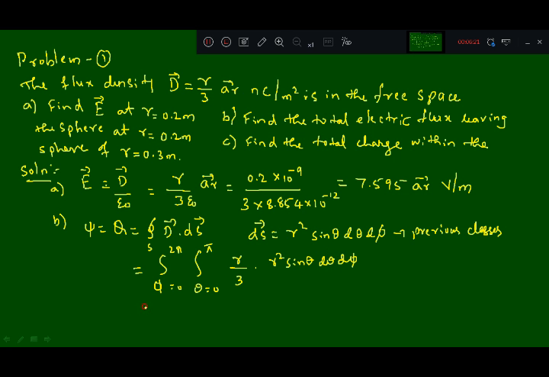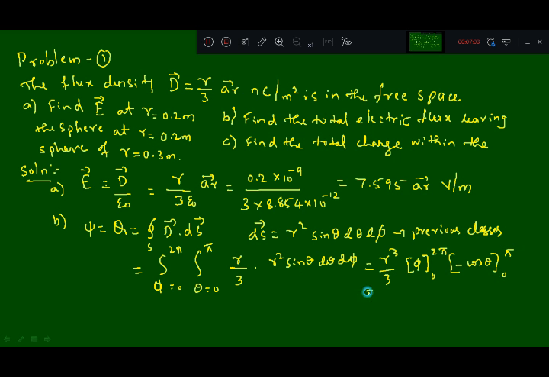Now I will solve the integration. r into r square is r cube by 3. Then the integration of d phi is phi from 0 to 2 pi. Then the integration of sin theta is minus cos theta, from 0 to pi.